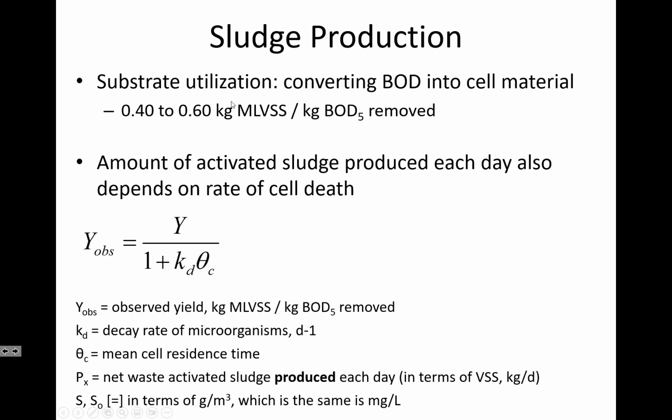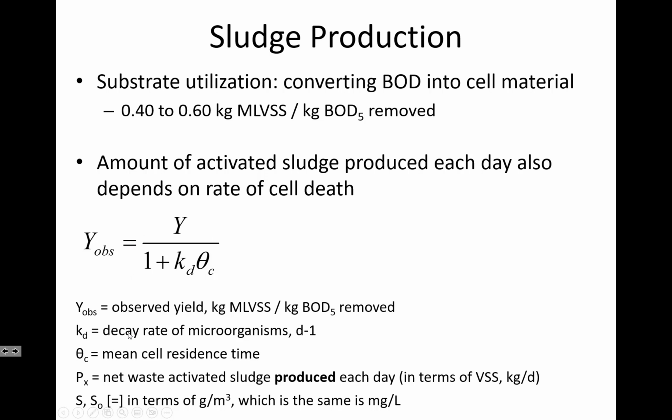And so when we're calculating the sludge mass that's produced in wastewater treatment, we have to take into account the observed yield. Yield is just an isolated figure that doesn't account for how long the cells spend in the reactor, and then also the kinetic rate that describes the rate of death of the microorganisms.